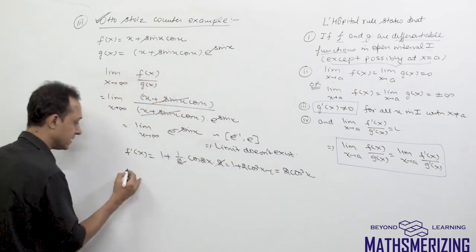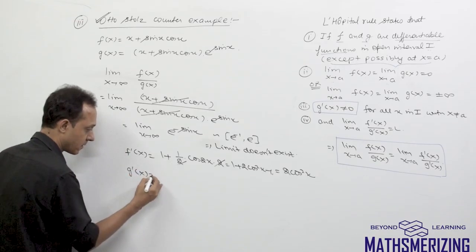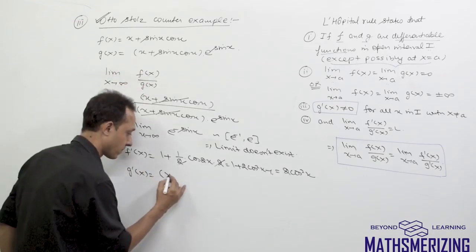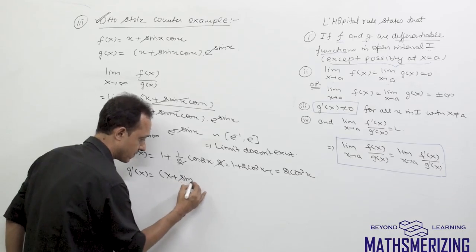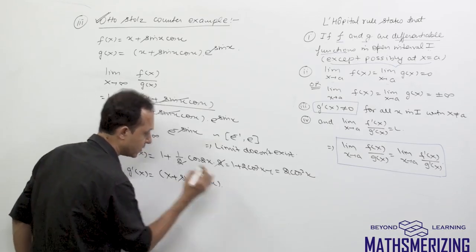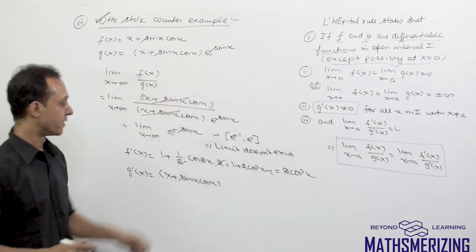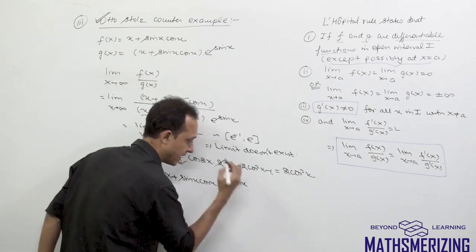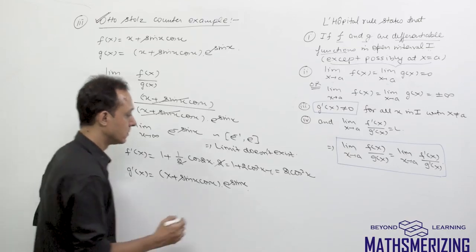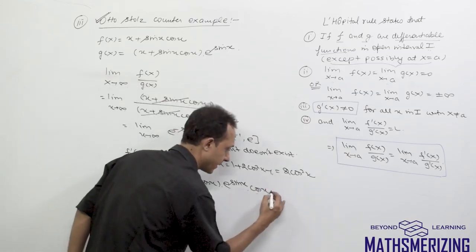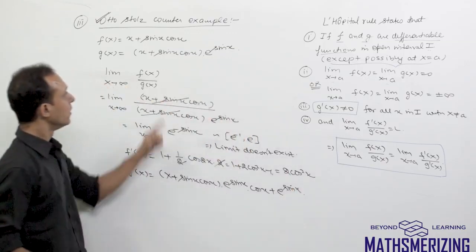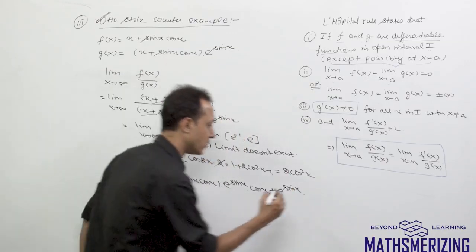Now I'll differentiate g dash x also. If I differentiate g dash x, I'll write it as x plus sin x into cos x into the derivative of this function, which is e to the power sin x into cos x, plus e to the power sin x as it is into the derivative of this function, which is again 2 cos square x.